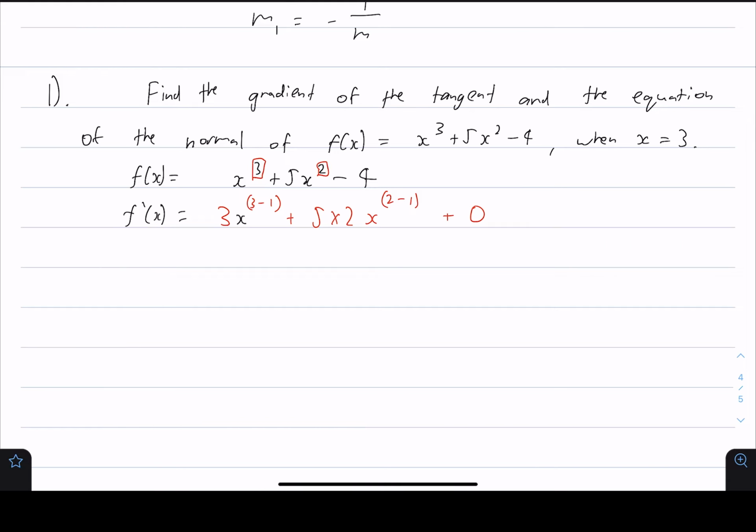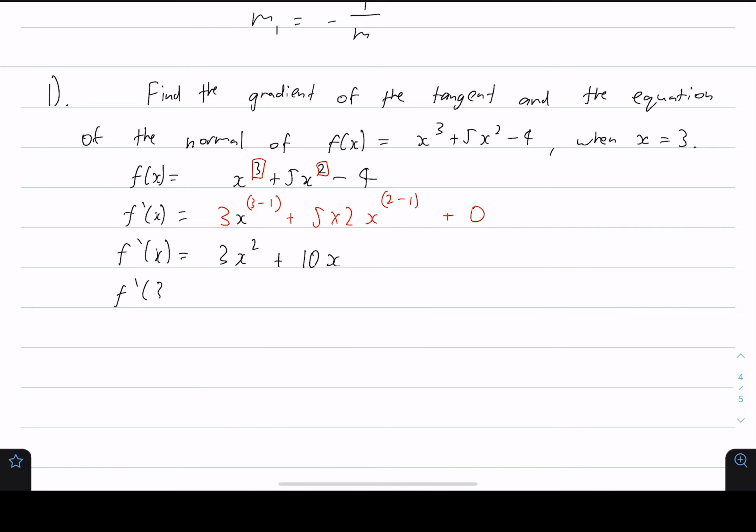So now let's simplify that, and we can see this is much easier than having to find the derivative using first principles. So we're left with 3x squared plus 10x. Now we need to find the gradient of the tangent at x equals 3. So we sub in x equals 3.